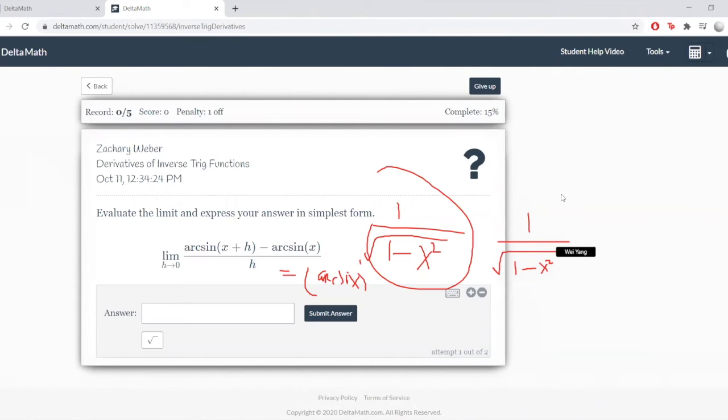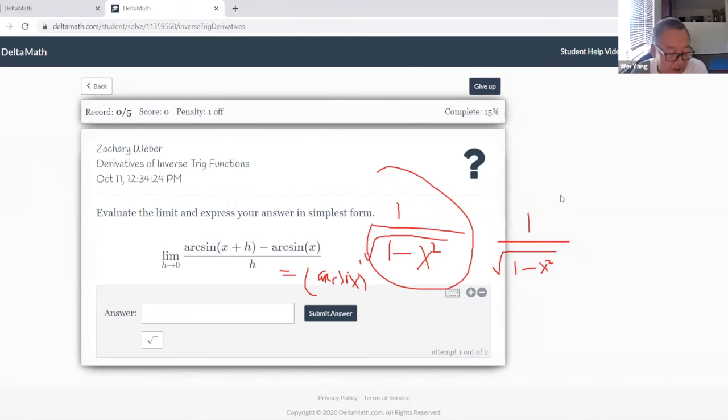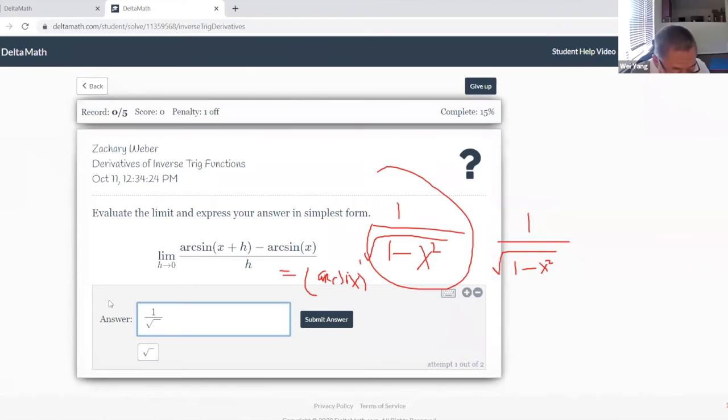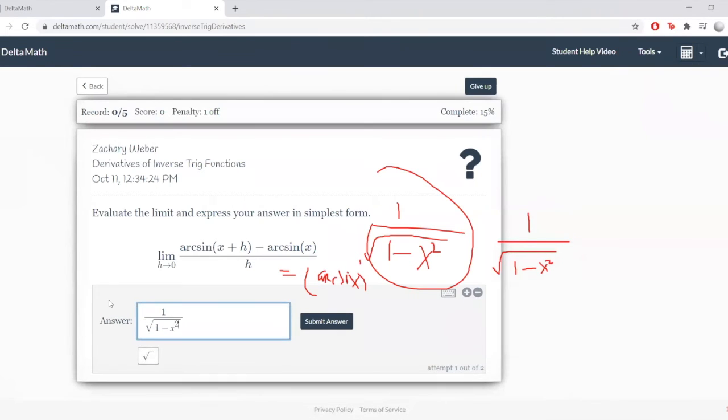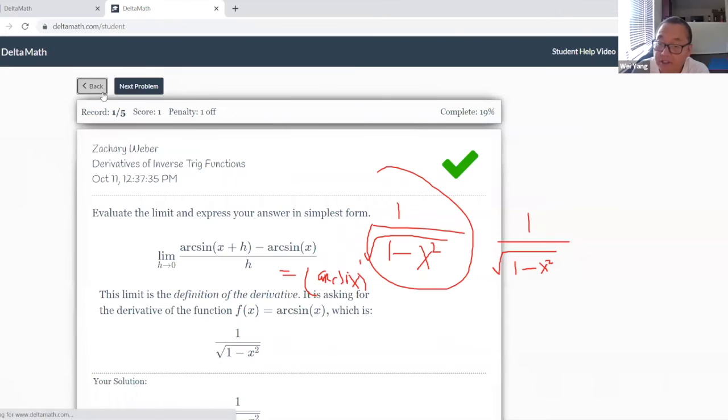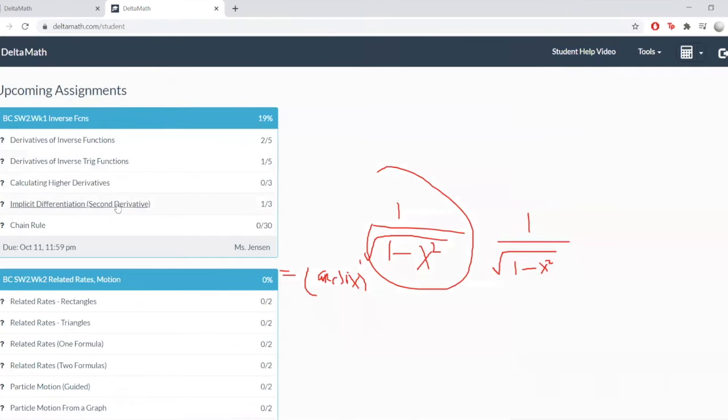This is a very basic derivative of an inverse trig function. Yeah, see, that's correct.